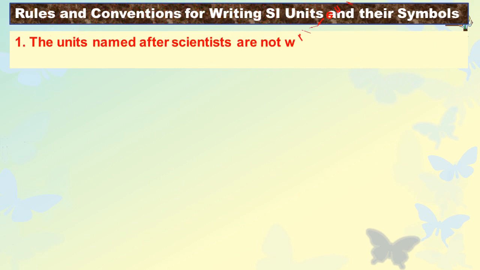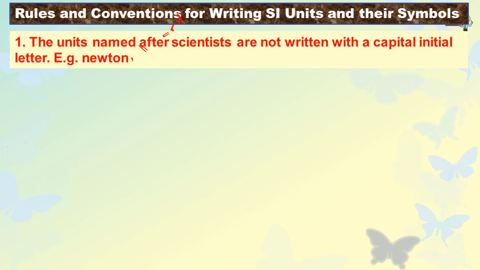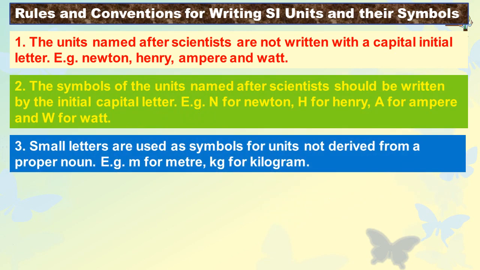The units named after scientists are not written with a capital letter. Example: newton, henry, ampere and watt. Second one, the symbols of the units named after scientists should be written with an initial capital letter.